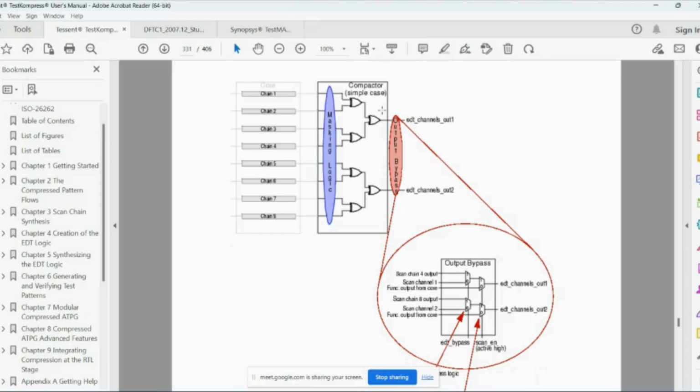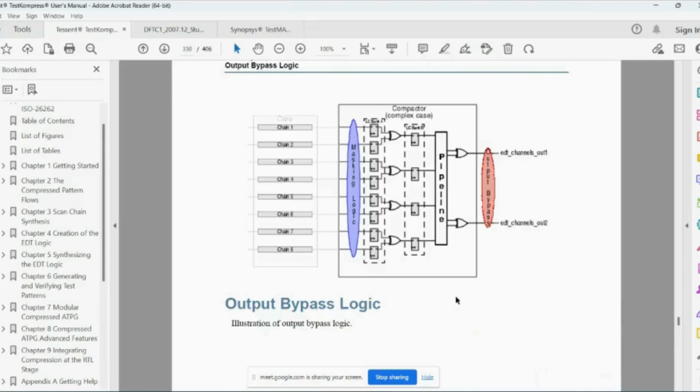A group of gates combined, we call it a tree. The XOR tree is followed by the output channels. In the output, you have an output bypass.